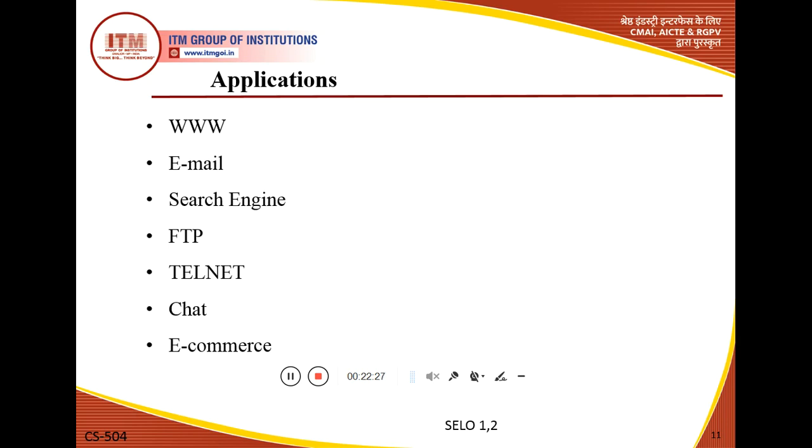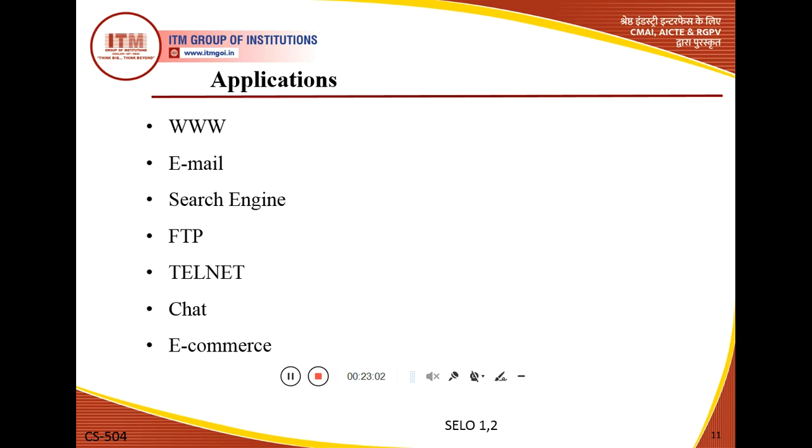Search engine is another type of application that also uses the internet, because if you want to search for anything on the network, the searching can be done in the form of a keyword, or in the form of an image. Anything that you want to search will use the application of the internet. So search engine is also an application of the internet.